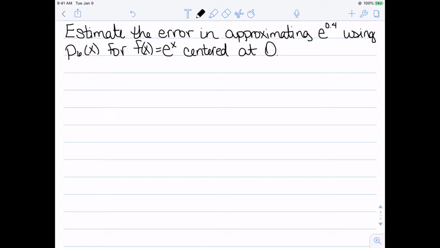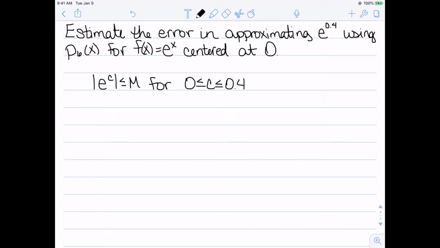Since we know the derivative of e to the x is e to the x, I'm trying to find the bound for just e to the x. So what I'm really looking for is the absolute value of e to the c to be less than or equal to m, and c needs to be between my center 0 and the number I'm approximating, 0.4.